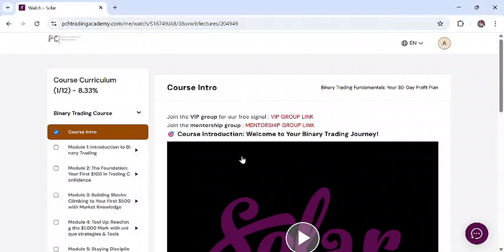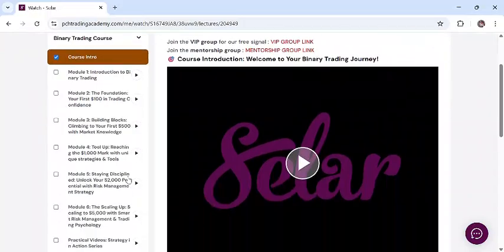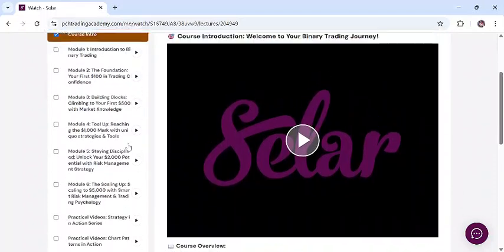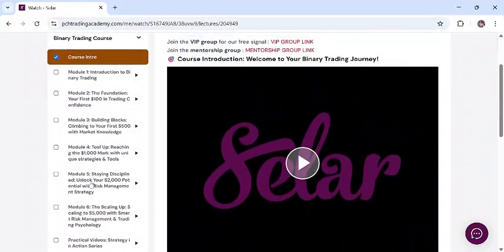All right, perfect. Now, when you enroll in the academy, it brings you to this interface, and then you have your course modules here on the side. You have modules 1 to 6, which are the core modules of the course.